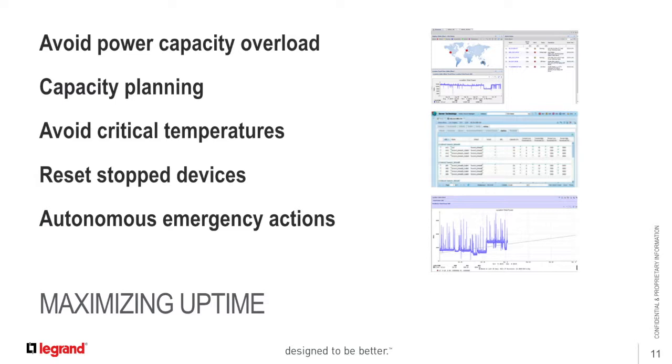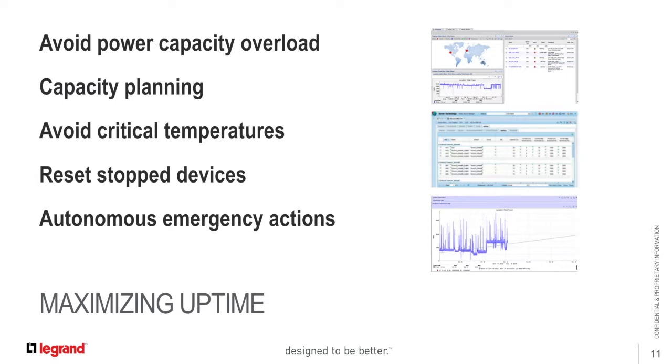You're also going to want to avoid power capacity issues. So you're going to need some tools to help you monitor and plan for what you need to have in the power capacity and cooling capacity and all of the basics that your current data centers already do.